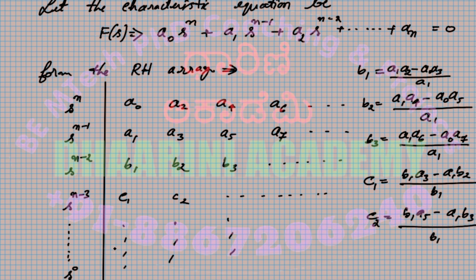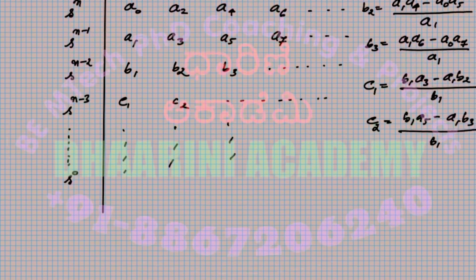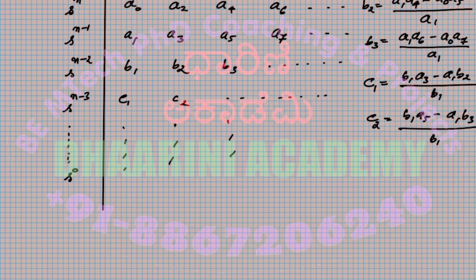Then you write the next row, D1, D2, D3, and do the same. This is the fundamental equation you are supposed to use. You will apply this rule for any given characteristic equation. You fill this first, completing the RH table initially.